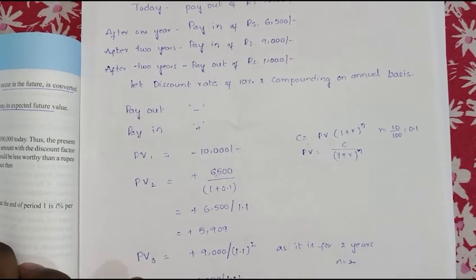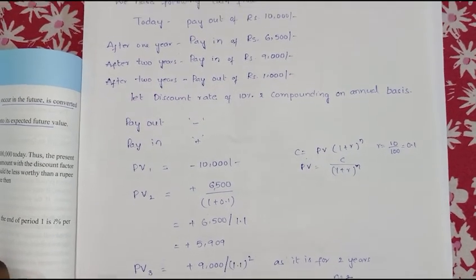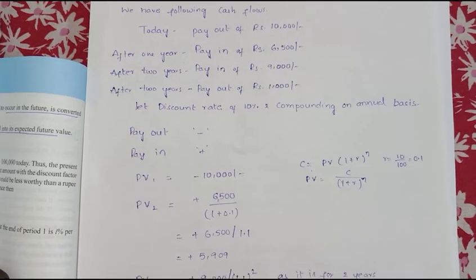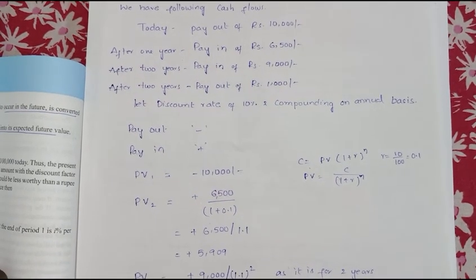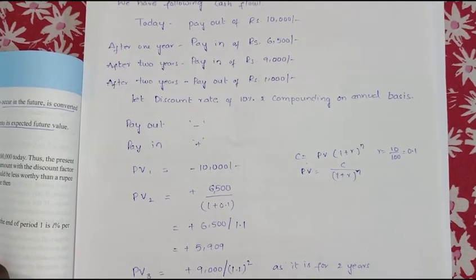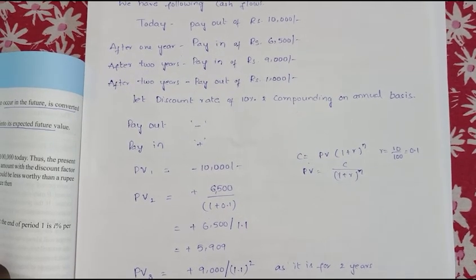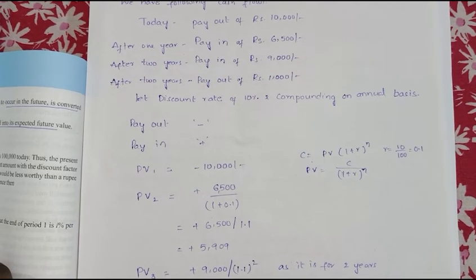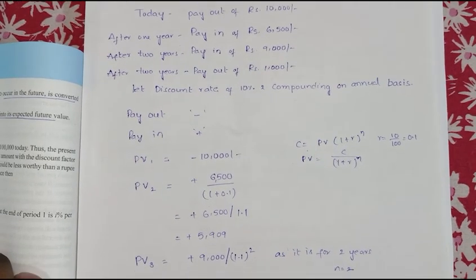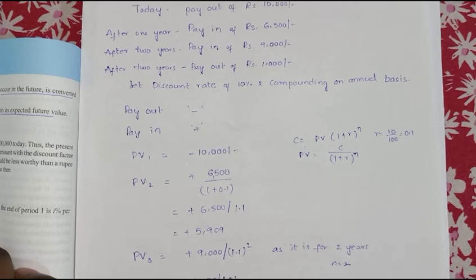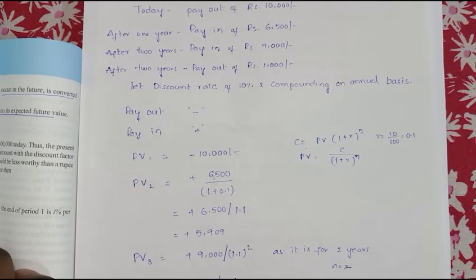So let us calculate present value 1, which is the first cash flow. PV1 equals 10,000 payout, so it is minus 10,000. Next PV2, pay in of 6,500 after 1 year, so 6,500 by 1 plus 0.1, because we already know present value equals future cash flow by (1 plus r) whole power n.